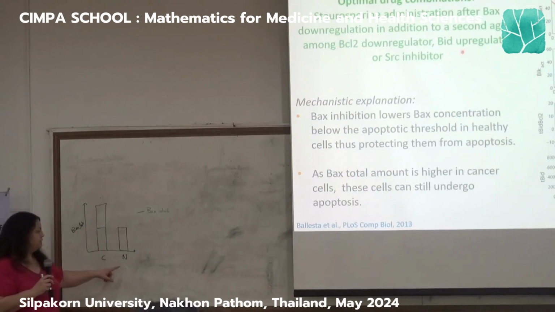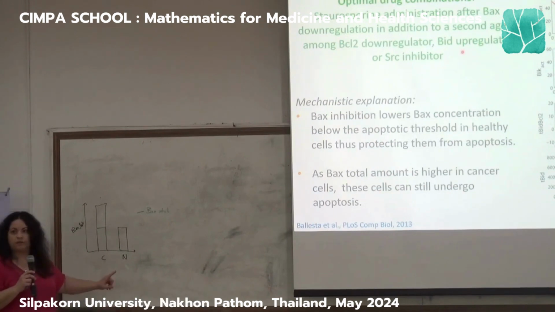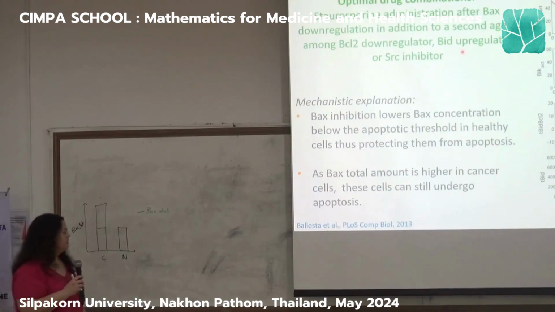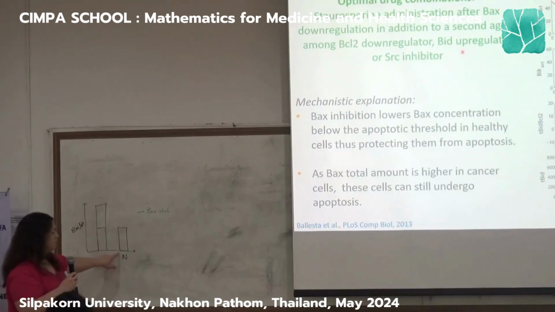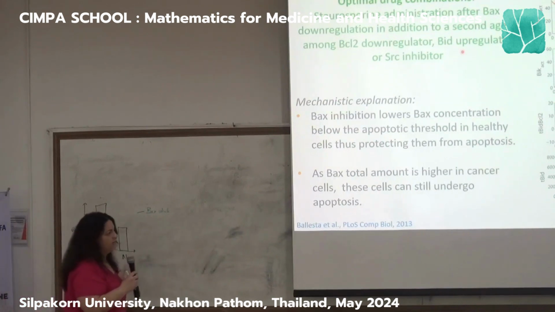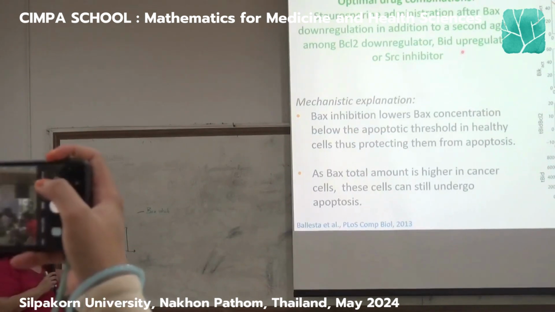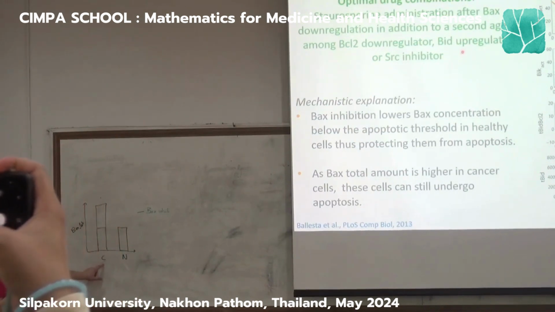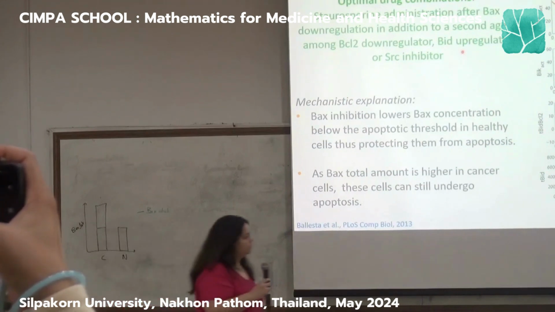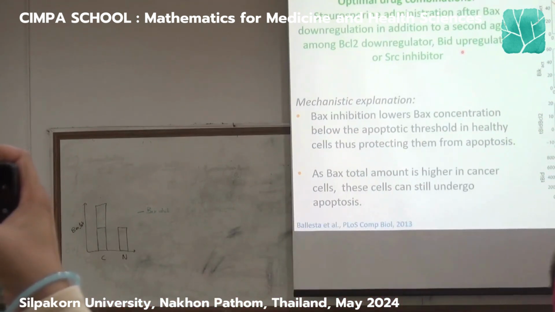And this is the trick that was identified by the mathematical model. If you put the BAX inhibitor such that BAX total is equal to 0 in the normal cells, then those cells are sheltered from anything. So you can put more or less everything you want, and then you can kill the cancer cells. And this is what is shown here.